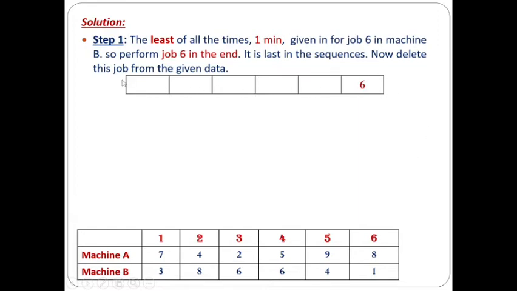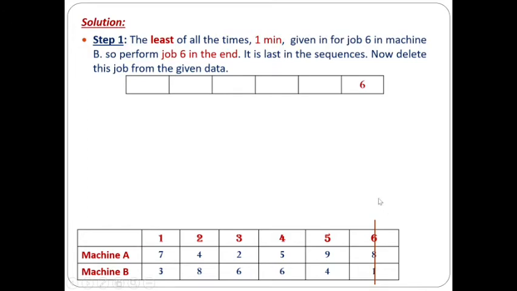This is the optimum sequence we are going to construct. The minimum processing time is 1, which is on machine B, so we are scheduling it in the last available position, the job number 6.